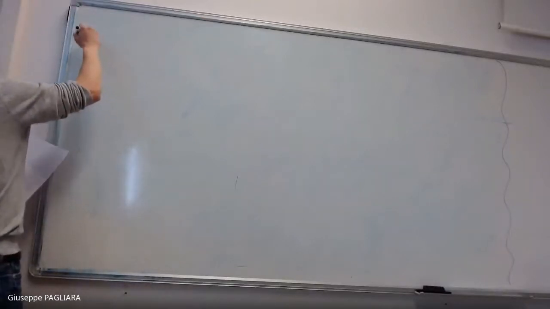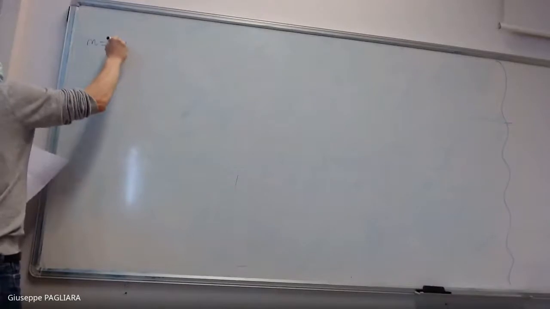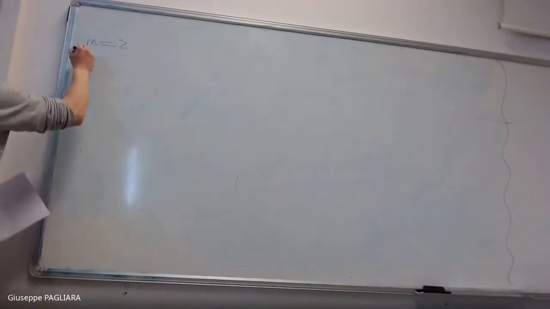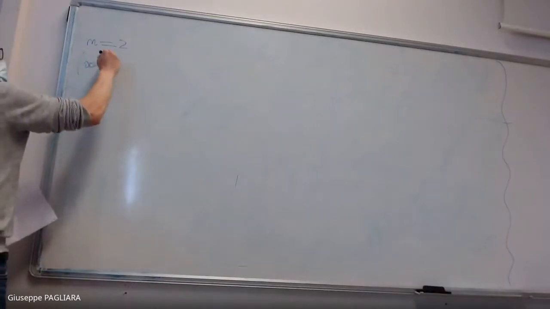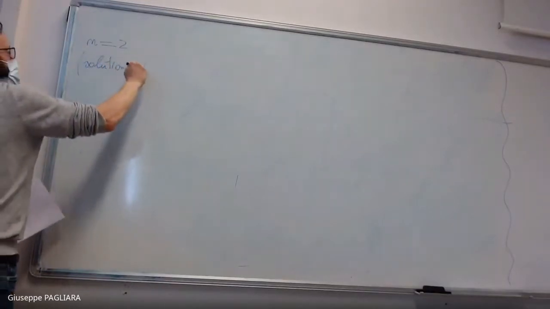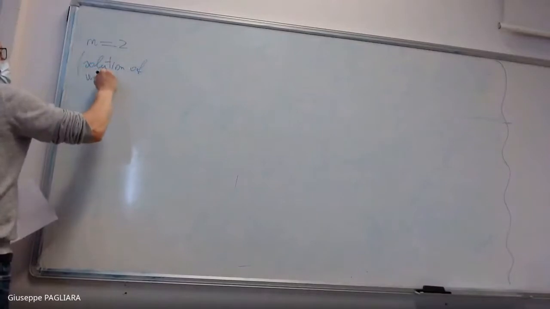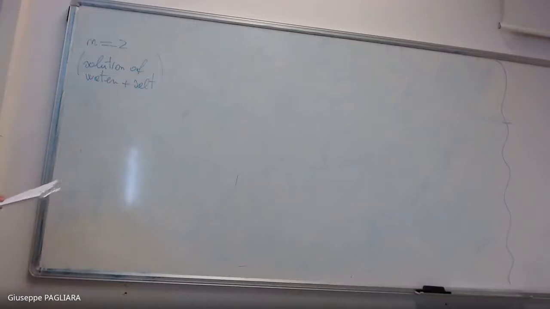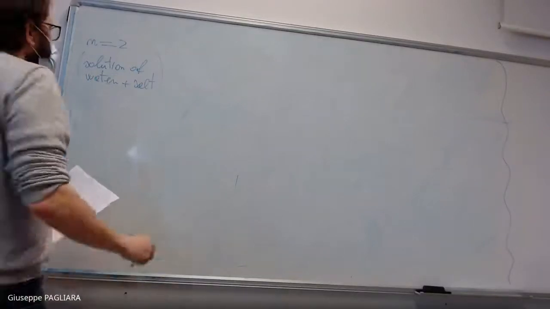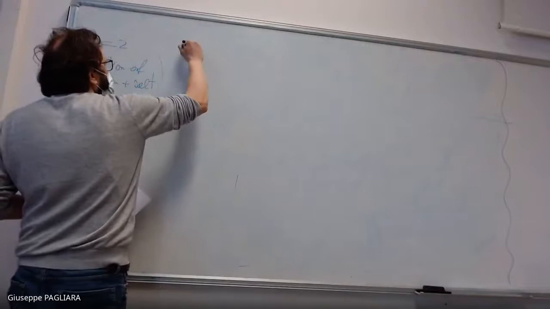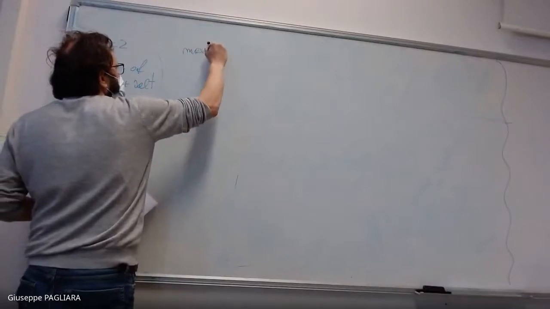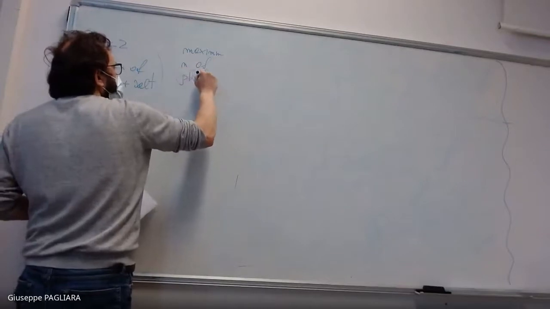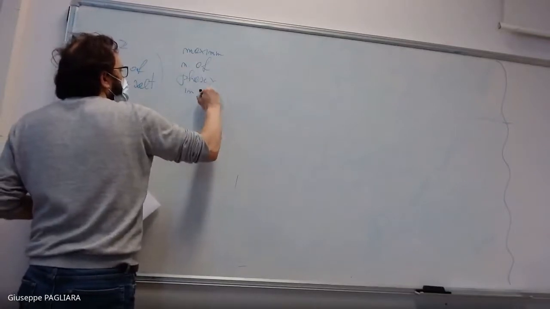So suppose, for instance, that we have n equal to 2, so two different chemical components, which is, for instance, the case of a solution of water and salt, for instance. This is just an example. Now, for n equal to 2, the maximum number of phases in equilibrium.